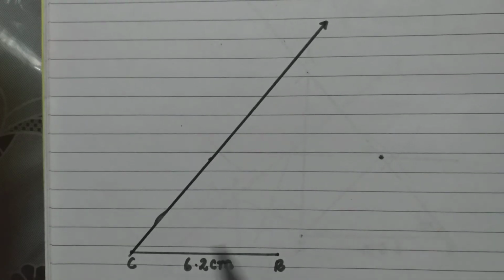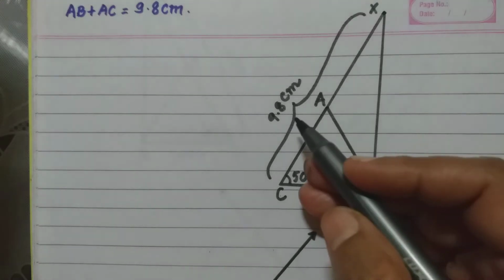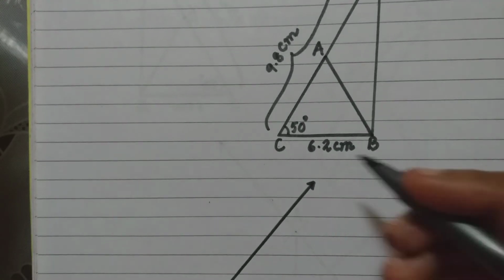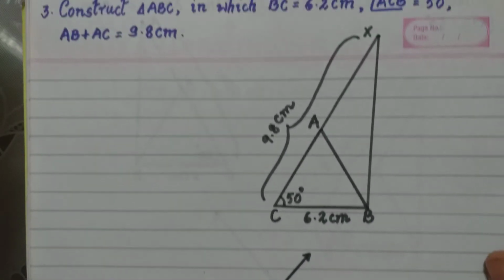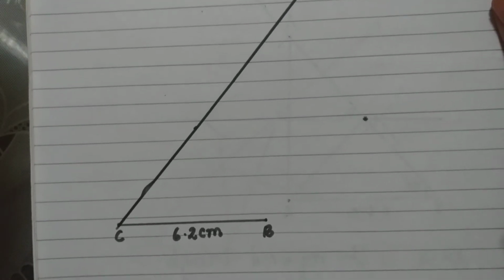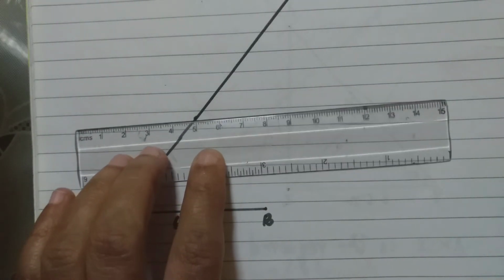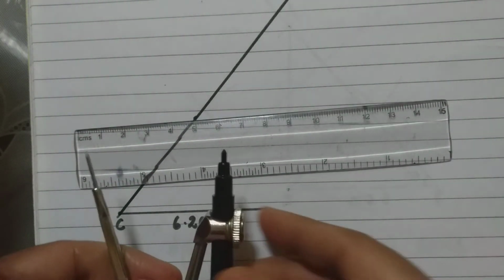Okay, now the next step is to see what is the sum of the sides, that is 9.8 centimeter. What is the sides? AB plus AC. AB plus AC was given as 9.8 centimeters. So what do? We take the scale. We take a compass or the rounder.